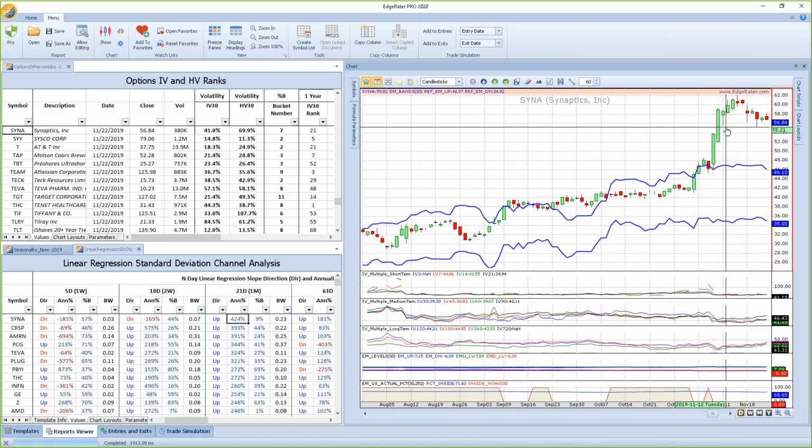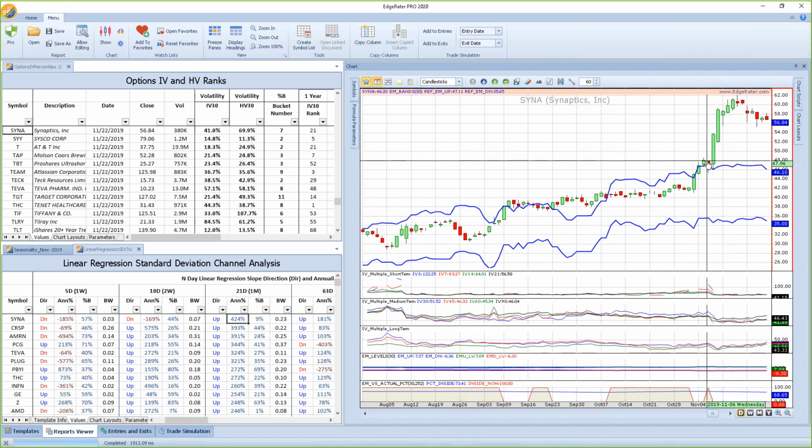It is way outside of the 30-day expected move. And again, when it went outside there, that looks like where you start getting some interest. So, you know, if you'd bought that somewhere around 48 plus a little bit, really now 60, that might have been a good entry point.